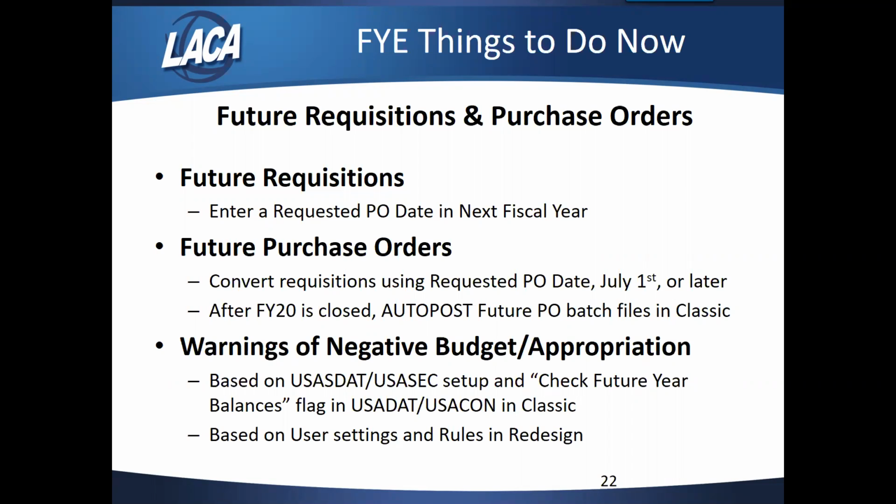And if you are a Redesign district, there are settings on the user, or there are different rules that impact those warnings. So keep that in mind, because if you're not getting the warnings that you expect, let us know and we can look at that with you. Or if you're getting warnings, then maybe we need to change some of these settings to let your users successfully enter future requisitions.